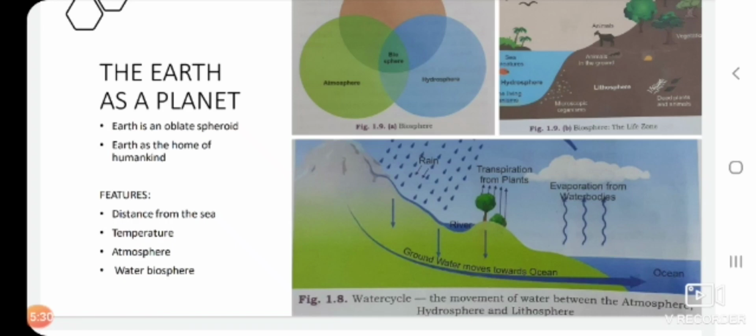Many other gases are also present, such as helium and argon. Ozone present in the Earth's atmosphere absorbs the harmful ultraviolet rays of the sun. The atmosphere also prevents loss of heat from the Earth's surface and helps to keep the Earth warm. Okay children, so this is one of the very important features of the Earth, which is the atmosphere.